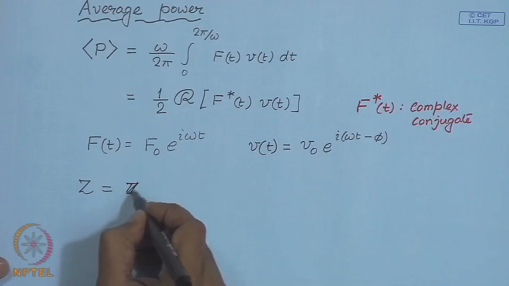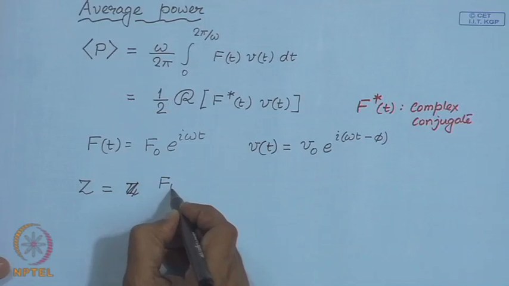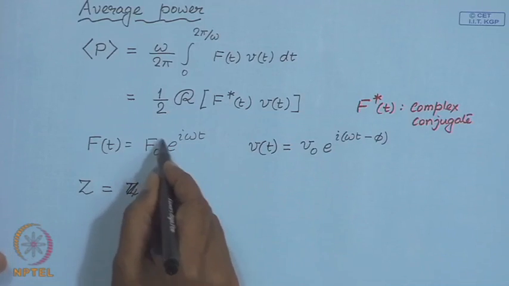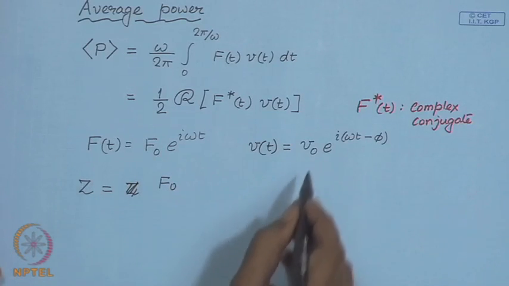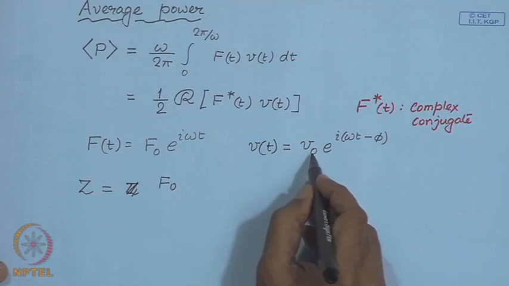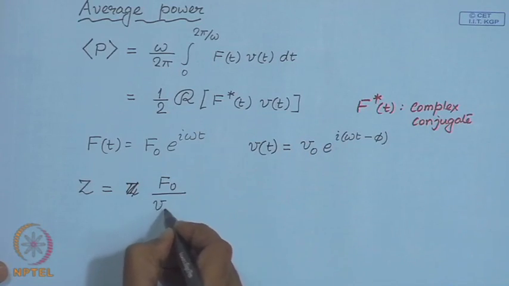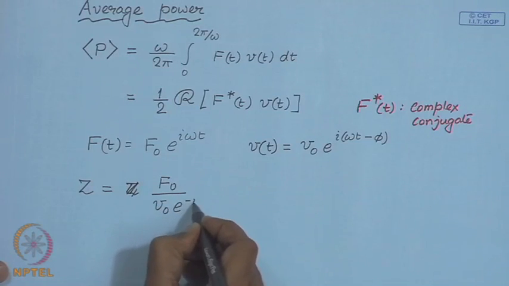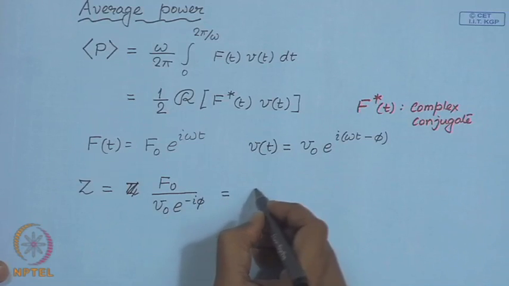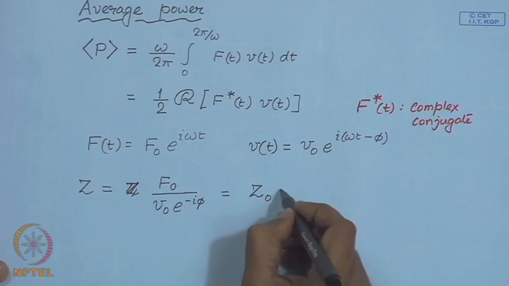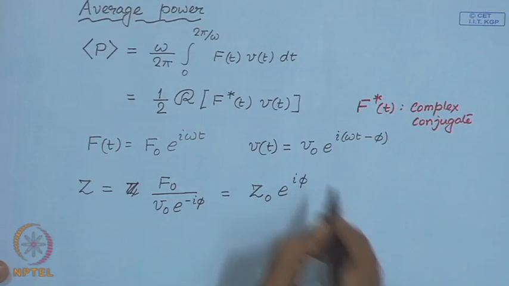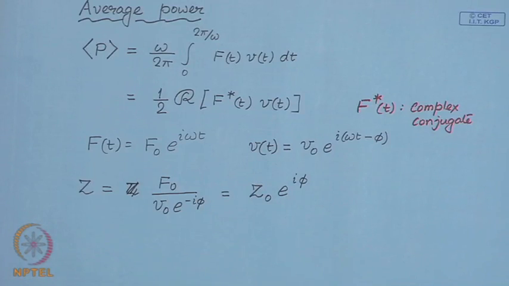So, the amplitude is f naught, and here it is v naught exponential minus i phi. So, the impedance can be represented like this.